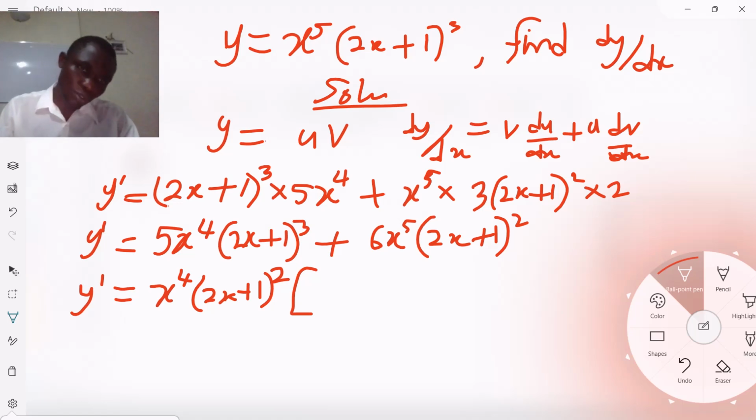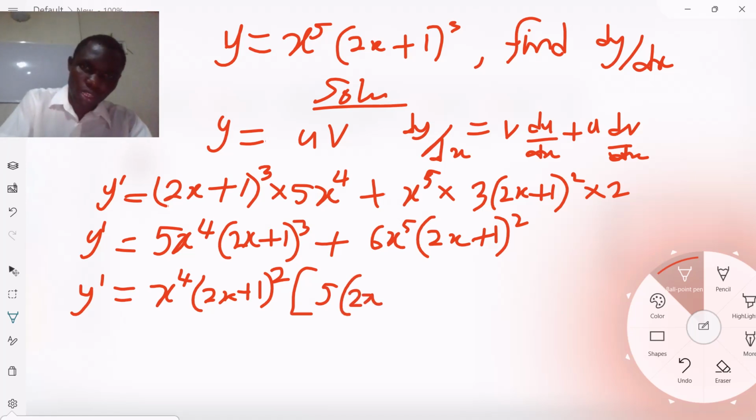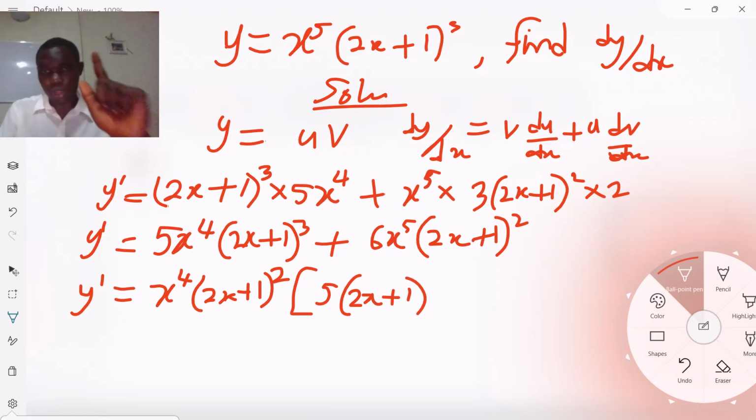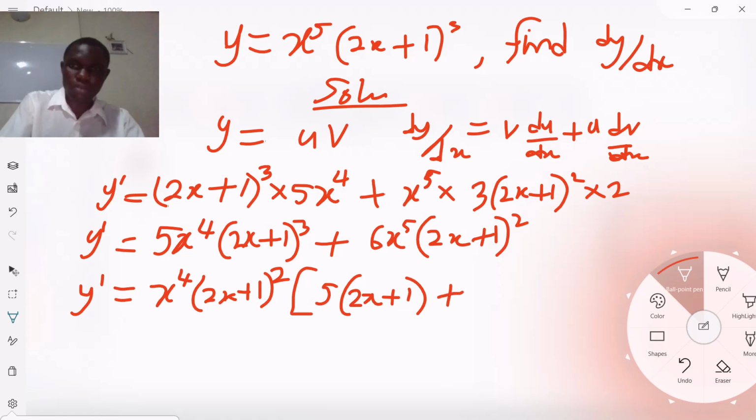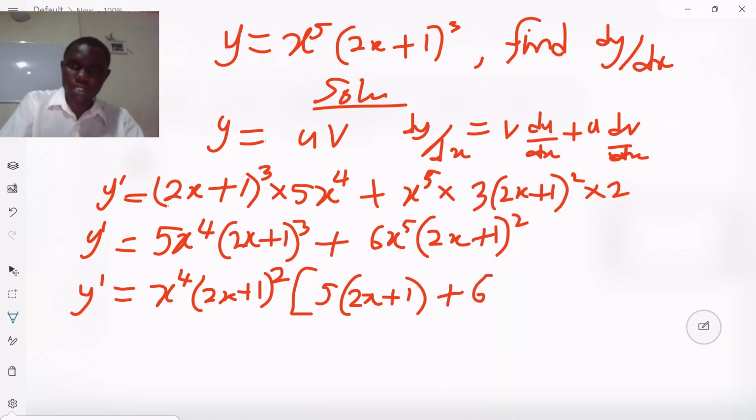So if I remove x to the power 4 from 5x to the power 5, I'll be left with 5, and I'll also be left with (2x plus 1) raised to power 1. That's what I'll be left with. On this other side here, if I remove x to the power 4, I'll be left with 6x, and that's all. So let me close it now.